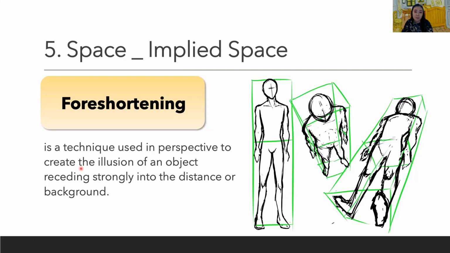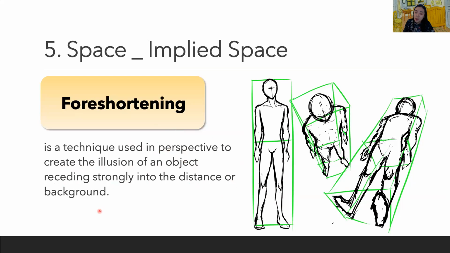And the next implied space technique is foreshortening. So this is also one of the Renaissance artists' perspective techniques. With foreshortening, artists can make the implied space more dynamic. So foreshortening is a technique used in perspective to create the illusion of an object receding strongly into the distance or background.